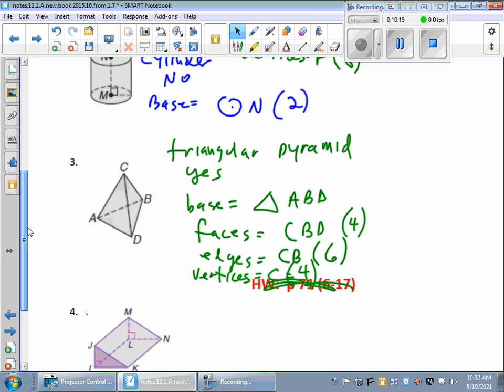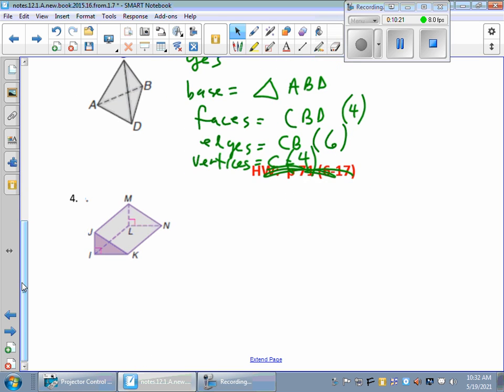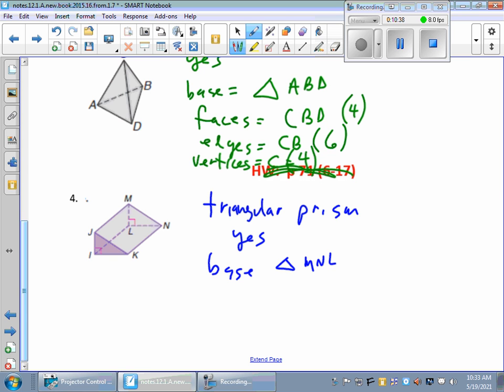All right, last one here. This one looks a little bit lengthier. So this is a triangular prism. This is a yes. Your bases are going to be triangle MNL. 2 of those again.